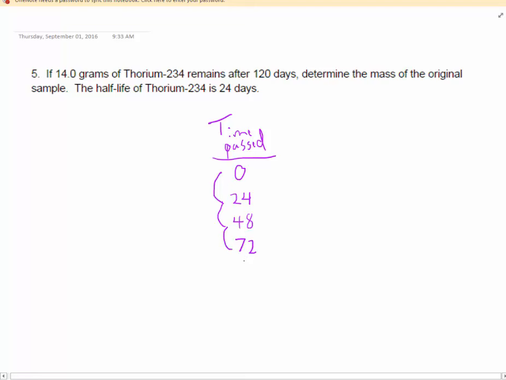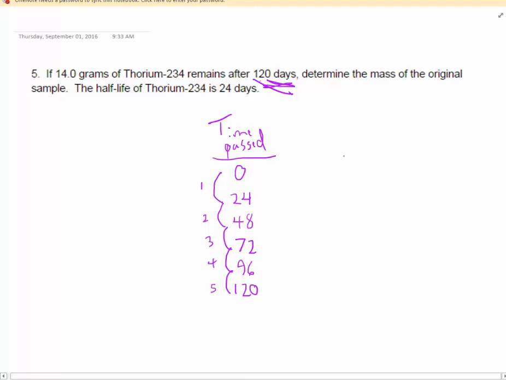Another 24 days puts us at 96 days that have passed and 1 more half-life. And then finally another 24 days puts us at the 120 that we're interested in. You can see 1 half-life, 2 half-lives, 3 half-lives, 4 half-lives, 5 half-lives, right? So 5 times 24 days went by.